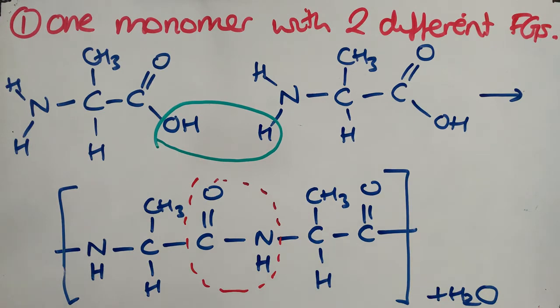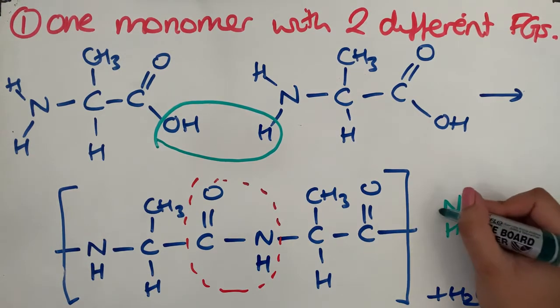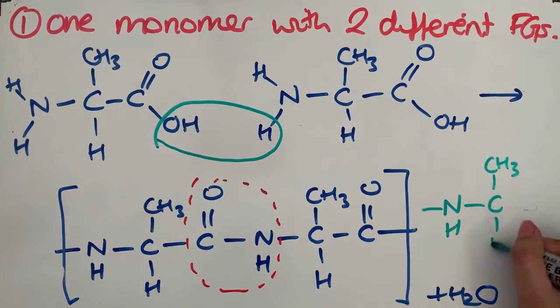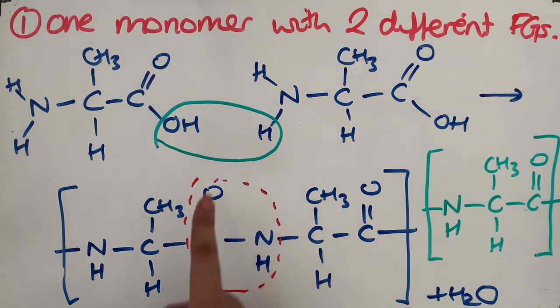If you just want to see what one repeat unit would look like, I'll do it over here. Okay, so one repeat unit looks like that. I've just drawn it over here so you can see the amide linkage that forms between them.